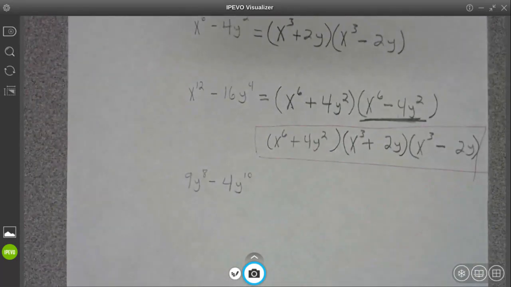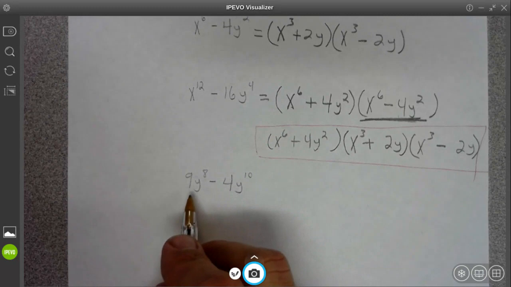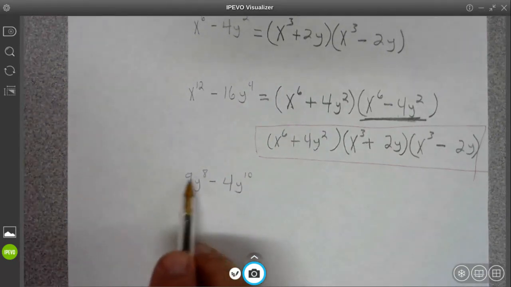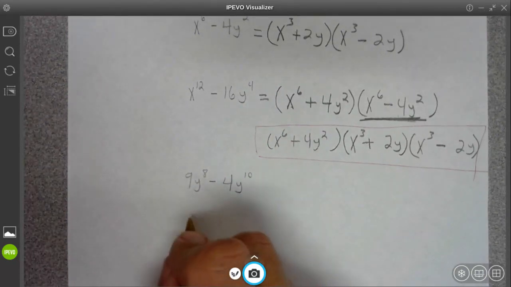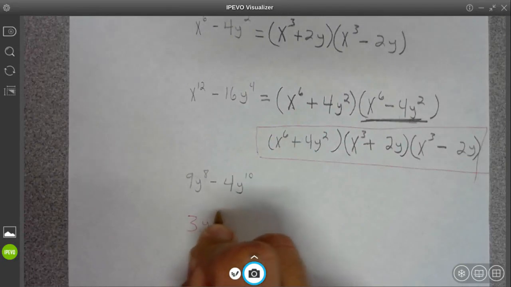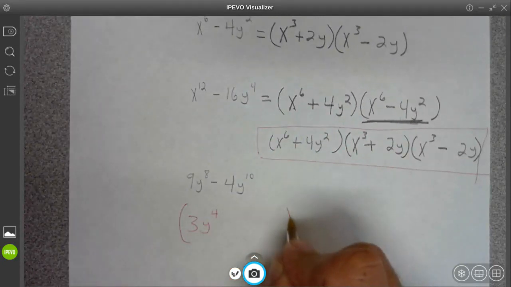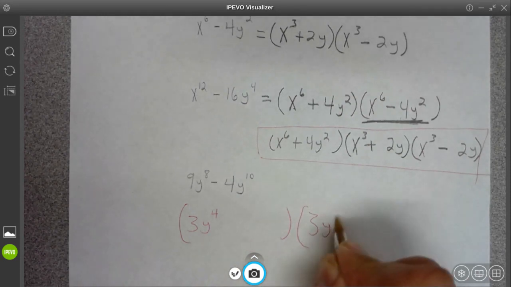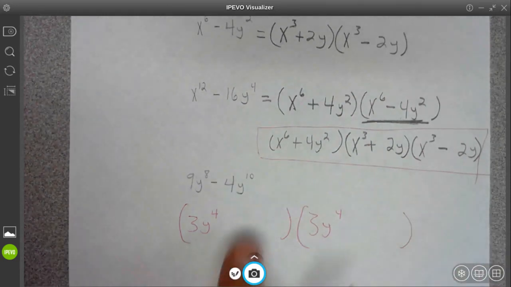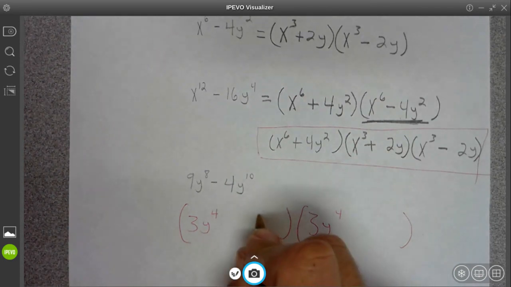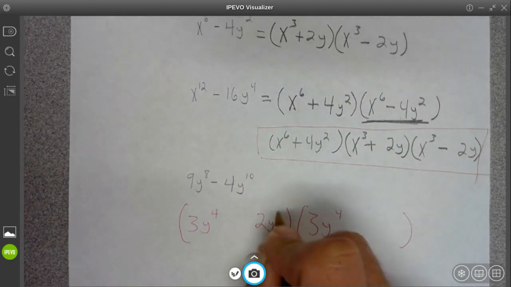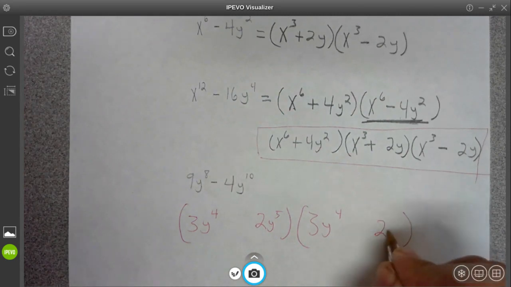Last one here. So what times itself will give you this? That is 3y to the 4th power. 3y to the 4th. And then what times itself will give you 4y to the 10th is a 2y to the 5th. 2y to the 5th.